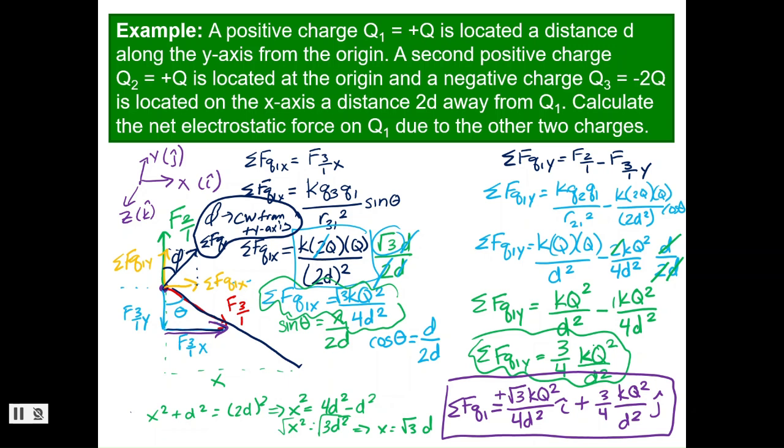I would have to use tangent theta or arctangent to find that angle phi and provide some reference direction for which way it went. That'd be obnoxious. Unit vectors, amazing. So if you don't know unit vectors, try and learn those.